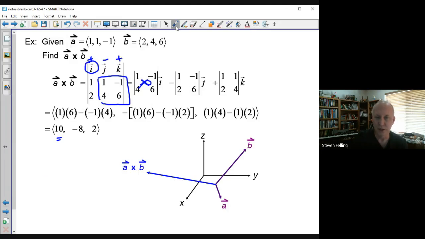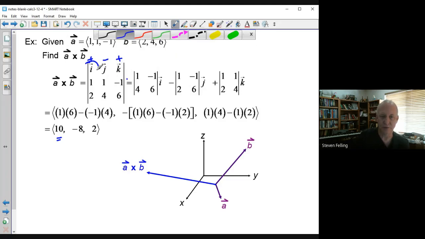Okay, let me erase all that, and then we'll do the same thing again, but this time for the y component. So for the y component, we would not use this here, so we're using these and these, right? We've crossed off these. We're using that.